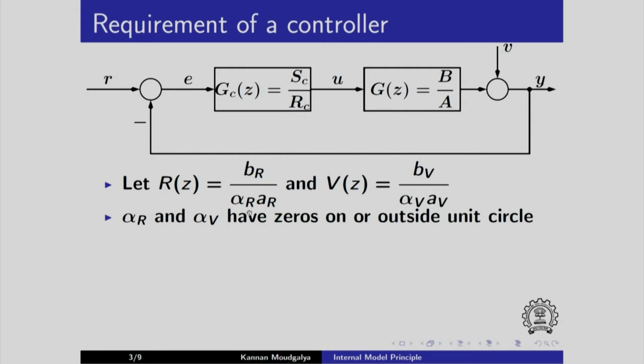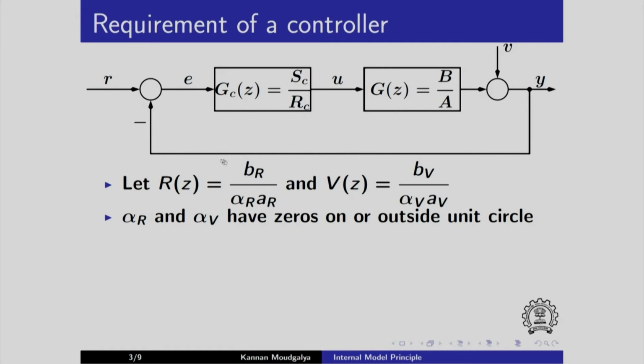Now suppose this polynomial alpha R and this polynomial alpha V have zeros on or outside unit circle. For example, if there is a step change, then you will have a Z minus 1 in the denominator. In that case, alpha R will have Z minus 1.